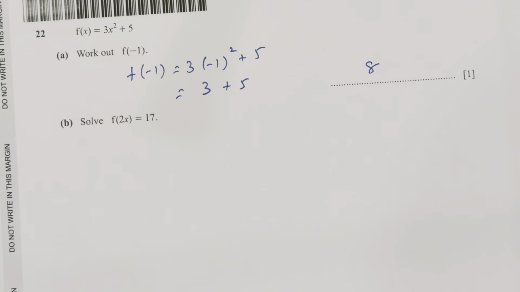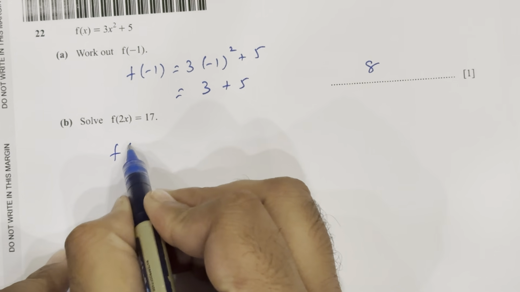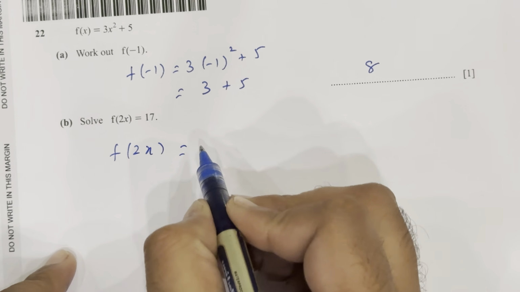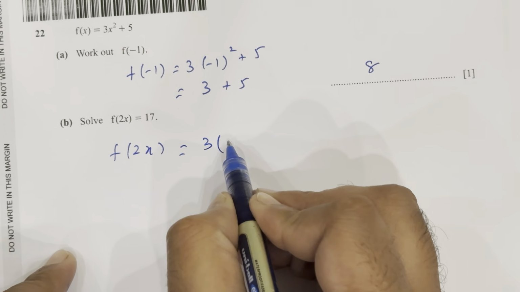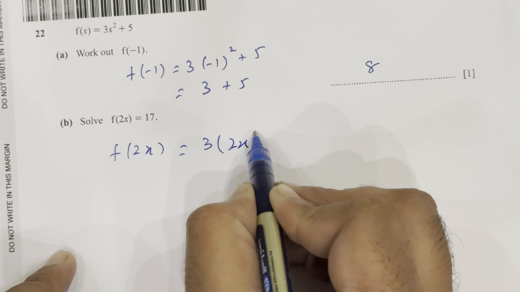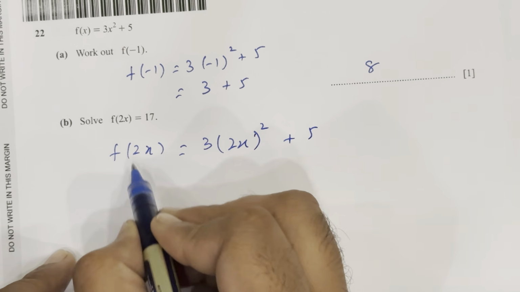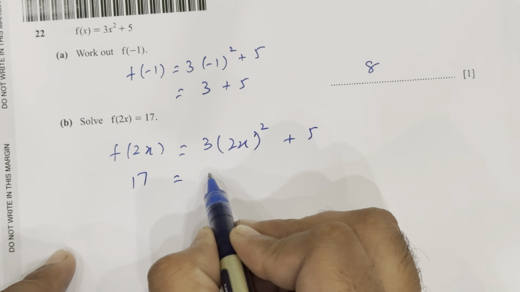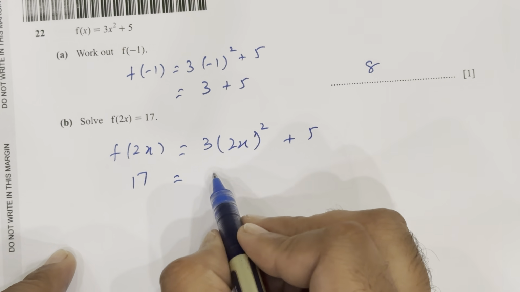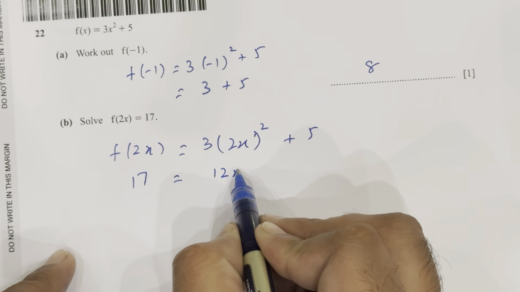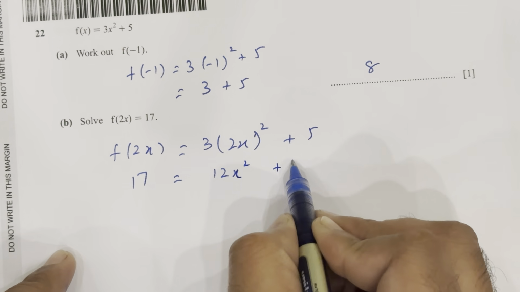We need to calculate the value of f of 2x. So for f of 2x, we need to put 2x in place of x. f of 2x is 17. 4x squared, it would be 12x squared plus 5.